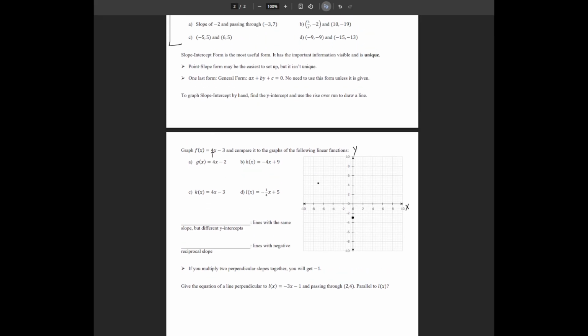Both of these are positive, so I'll go up 4, so 1, 2, 3, 4, here to 1. And I'll go to the right 1 unit. So my next point will be right here. Now I can go up 4 units again to 5, over 1 to 2. Next point will be right here.